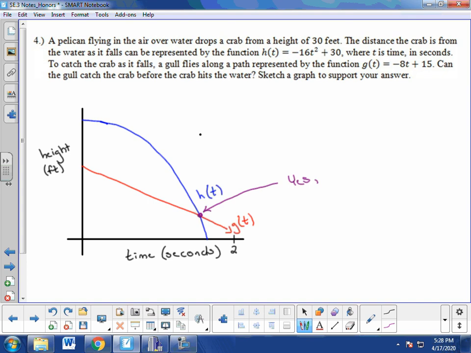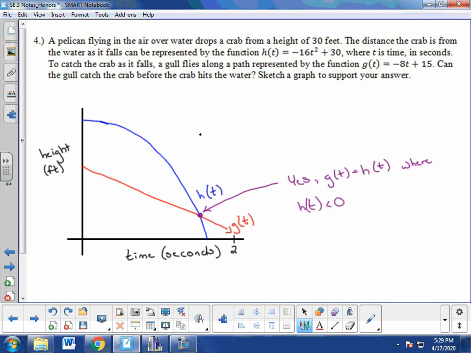And if we wanted some reasoning, we would say that g of t equals h of t. The height of the goal is equal to the height of the crab where h of t is greater than 0.